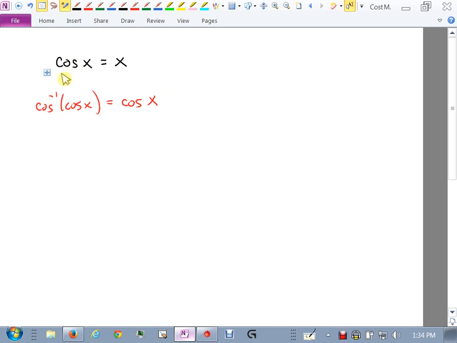If you do that, won't you free up this x out of the cosine, releasing it with its inverse, so you get x on the left side? But what have you done on the right side? You've trapped the x in a cosine on the right side. So there's no way to get x by itself on one side of this equation, just not possible. So I can't solve for it by hand.